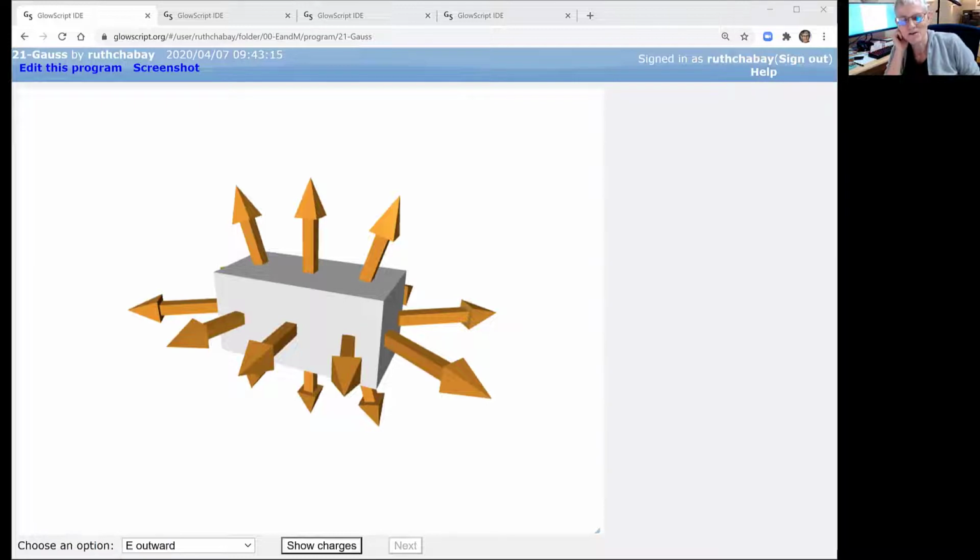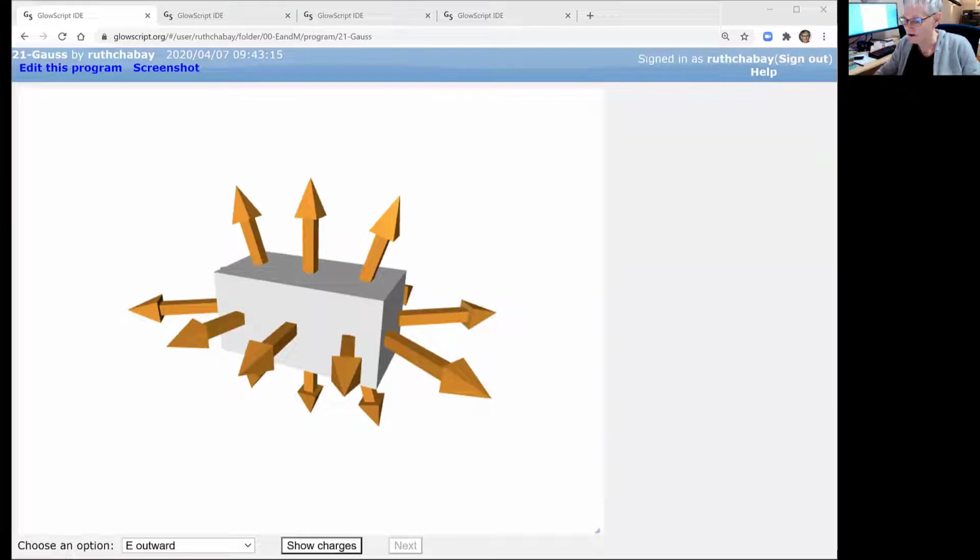So we have an overwhelming vote for positive charge inside the box. This prickly porcupine appearance with fields pointing out suggests that there's going to be positive charge inside the box.